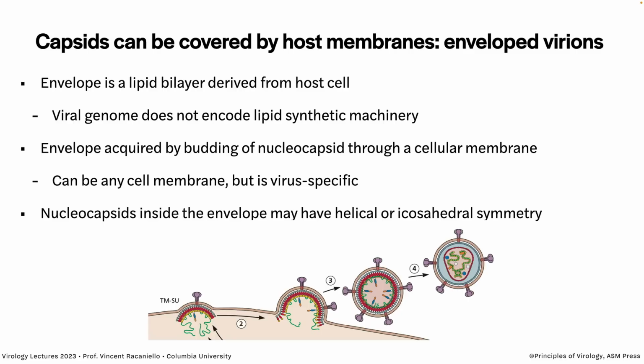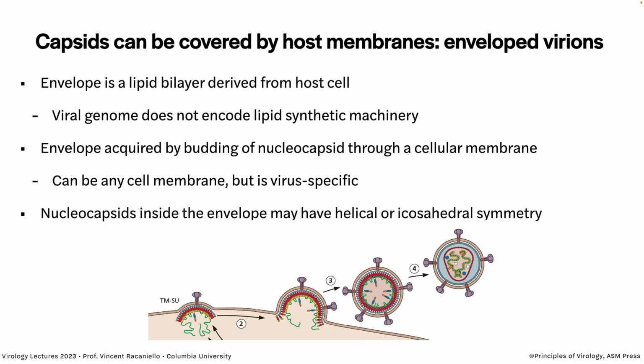Here is one at the surface of the cell, the plasma membrane. Virus particles start to be assembled, and a little piece of membrane is budding out and eventually pinches off. This can happen at the plasma membrane, it can happen at the nuclear membrane, it can happen at the Golgi. But for any virus, it's a specific process.